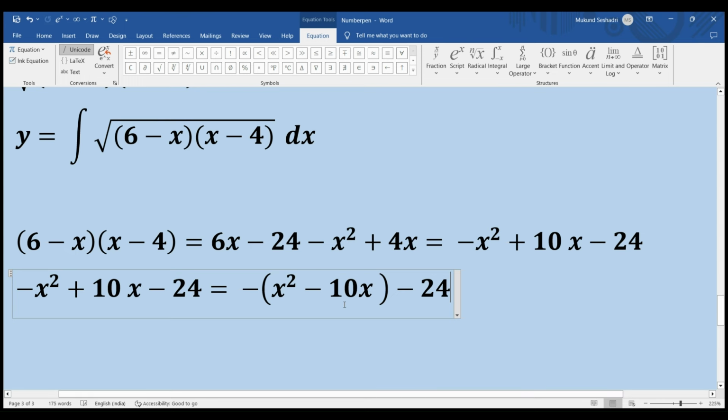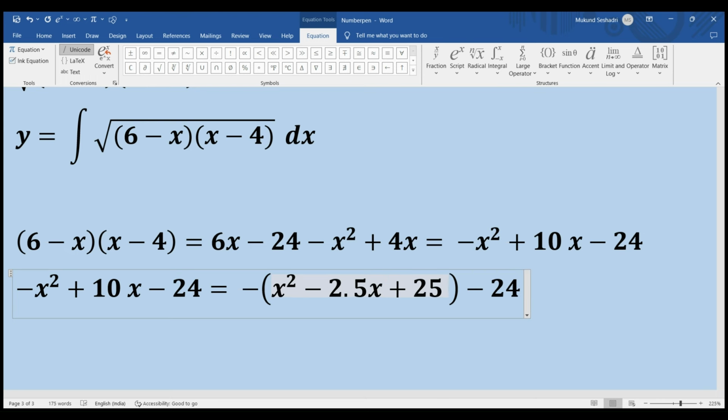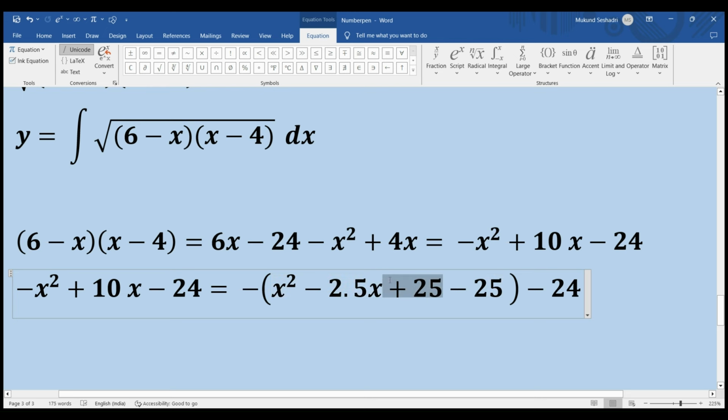Now what I do with the term inside the bracket is I know that my 10x is nothing but 2 times 5x, right? And if I connect this with the (a minus b) the whole square formula, which is a square plus b square minus 2ab, and remembering that formula, if I want to express this quadratic expression as (x plus or minus a) the whole square plus or minus b square, all that I need to do is add a 25 and subtract a 25.